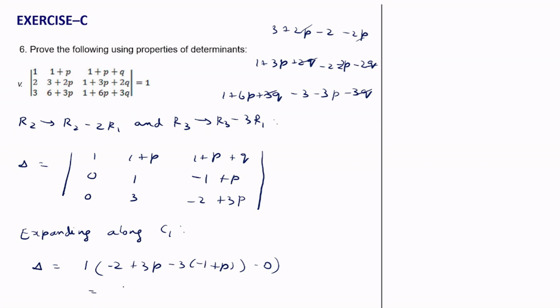So this is minus 2 plus 3p plus 3 minus 3p, which is equal to 1. So this is equal to 1, which is the right hand side. So this is what we have to prove, and we have proved.